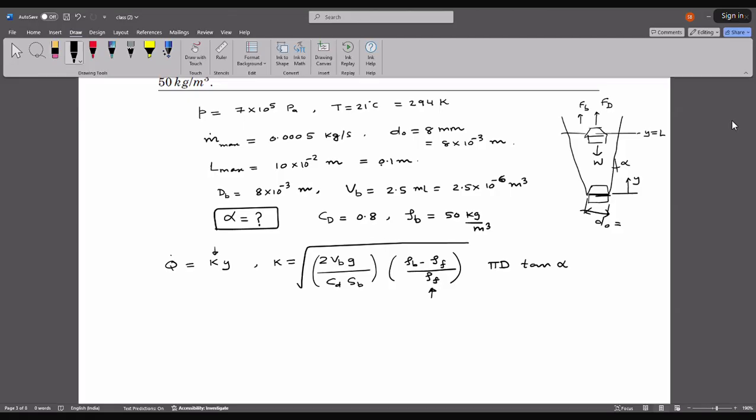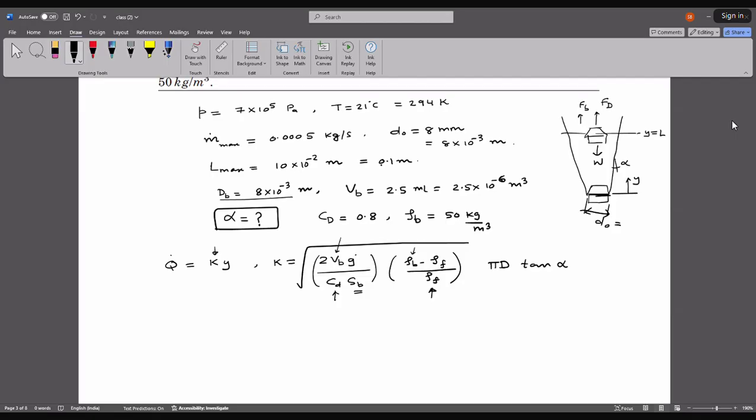Because volume of the bob is known, G is anyway known, the drag coefficient CD is known, the diameter of the bob is known, so the frontal area is known, right? And density of the bob is known.